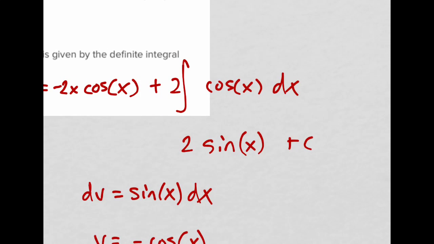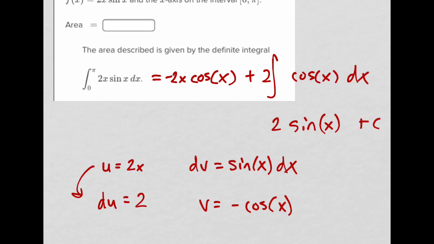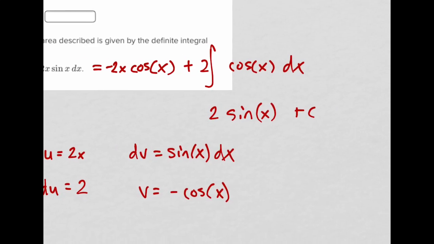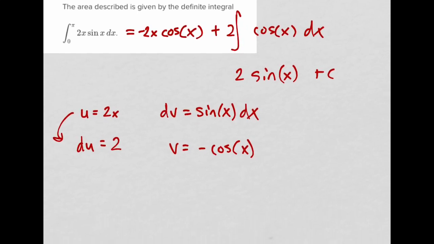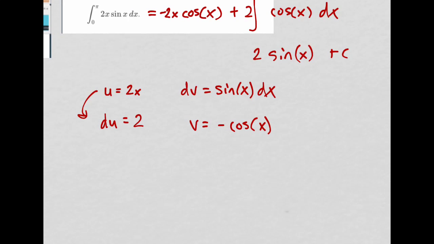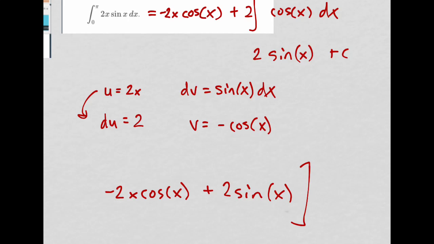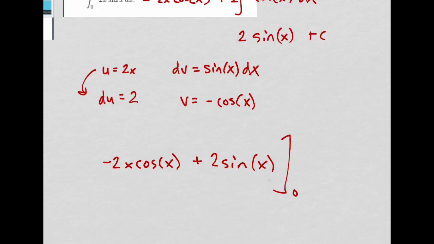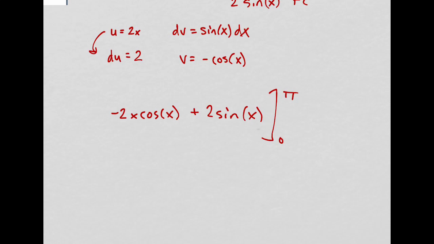We don't really have a c value, because we're going to evaluate all of this from 0 to pi. So let's rewrite this a little bit more neatly. I'll have negative 2x cosine x plus 2 sine x, all of that evaluated from 0 to pi.